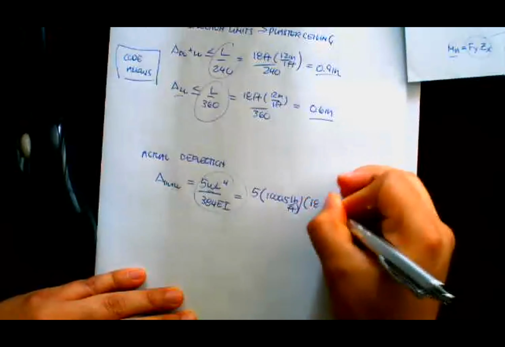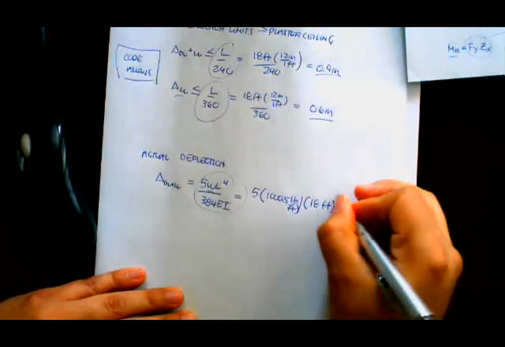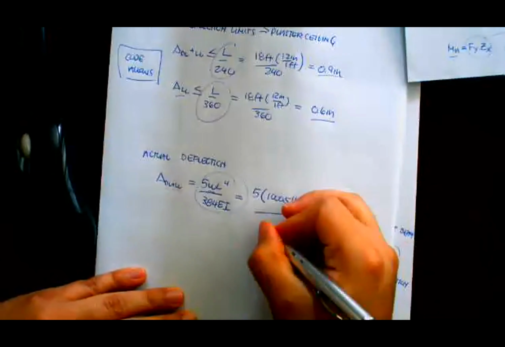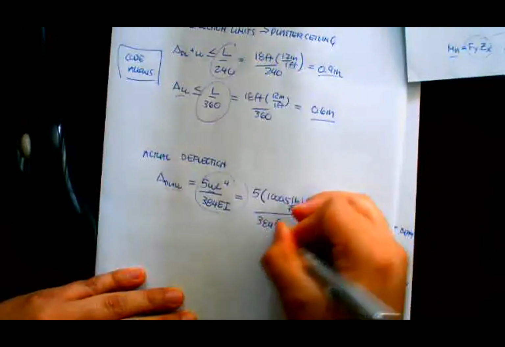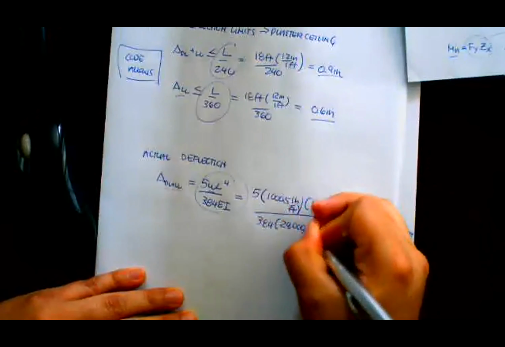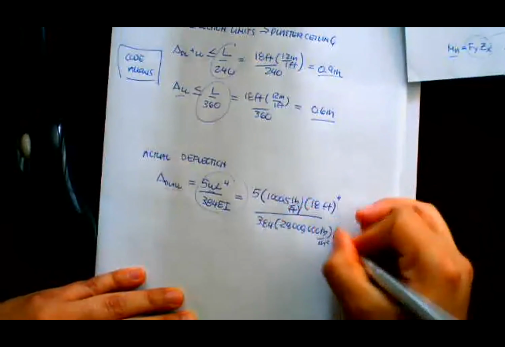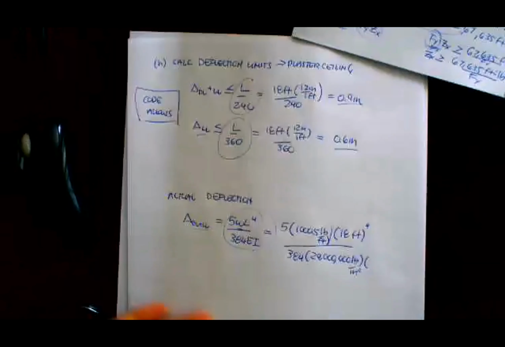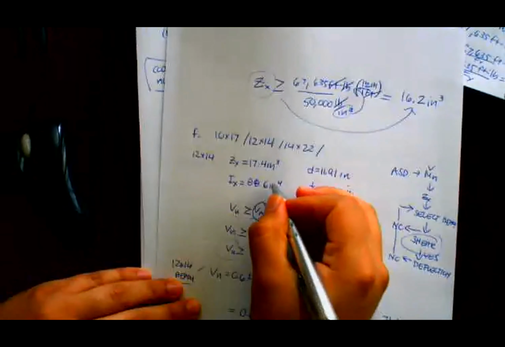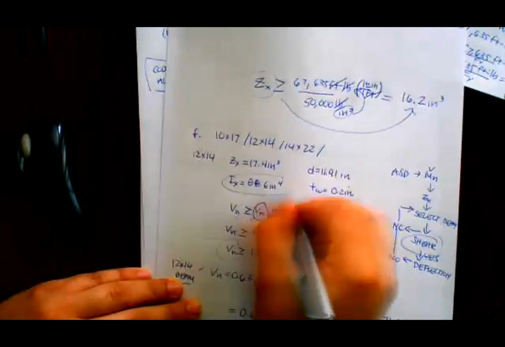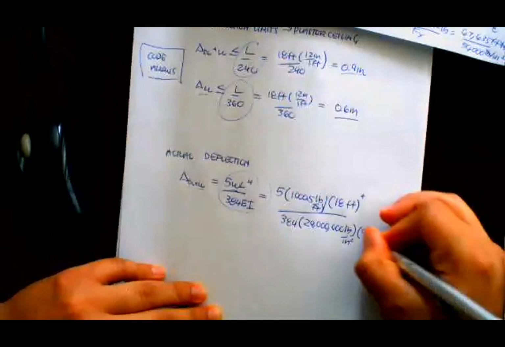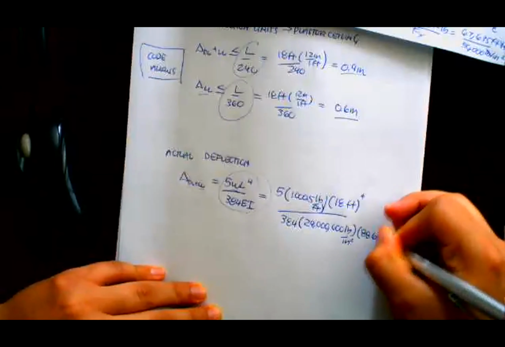Times 18 feet to the fourth power divided by 384 times 29 million pounds per square inch times I, which if I go back to my properties of the beam, is 88.6 inches to the fourth.